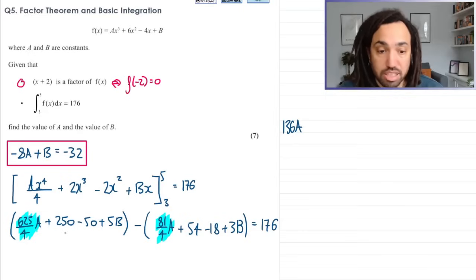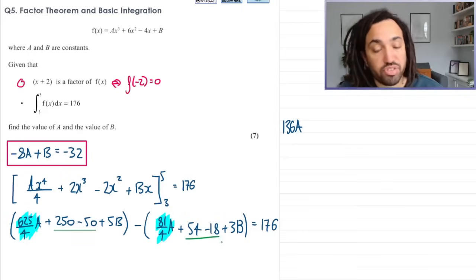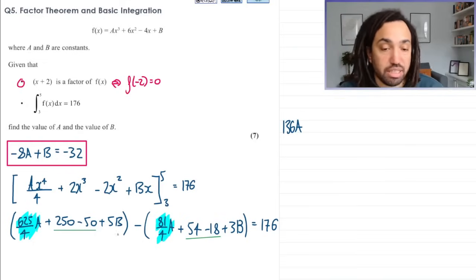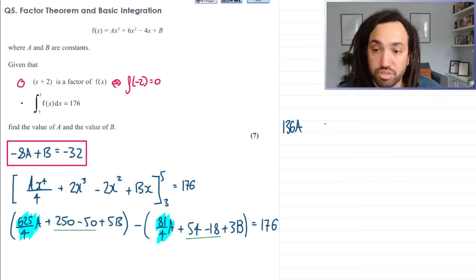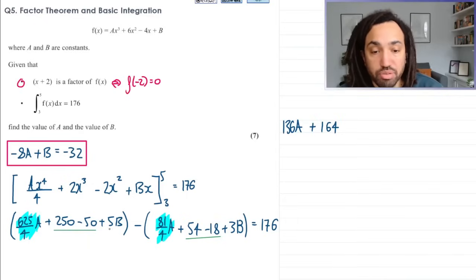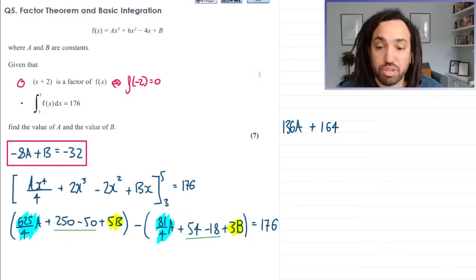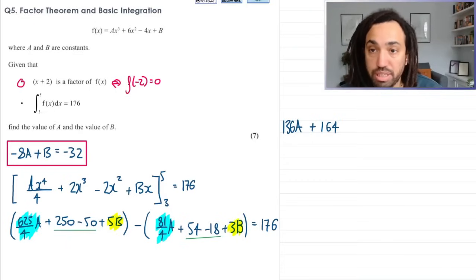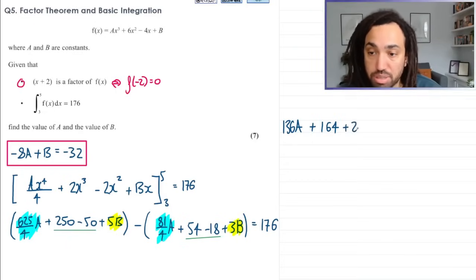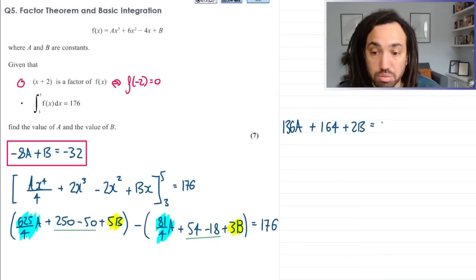And then in terms of constants, we've got 200 there, and we've got 36 there. So 200 minus 36 is 164. And then we've got 5b and then minus 3b. So 5b minus 3b is 2b. So that's plus 2b. And that equals 176.